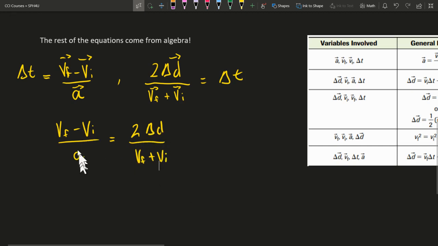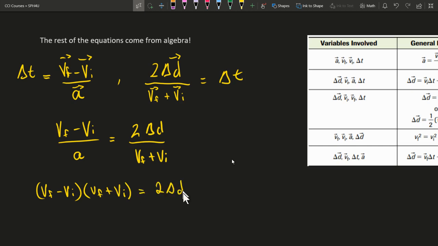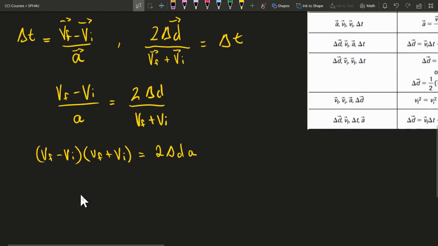So if I cross multiply here, I get this times this, which is VF minus VI times VF plus VI, is equal to 2 times delta D times acceleration. Now, if you look closely, these two factors are a difference of squares, already solved.